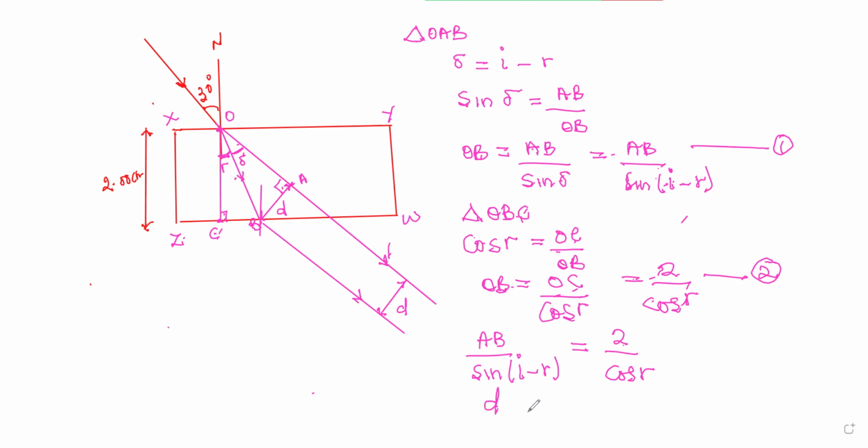D will be equal to 2 times sine of I minus R all over cos of R.